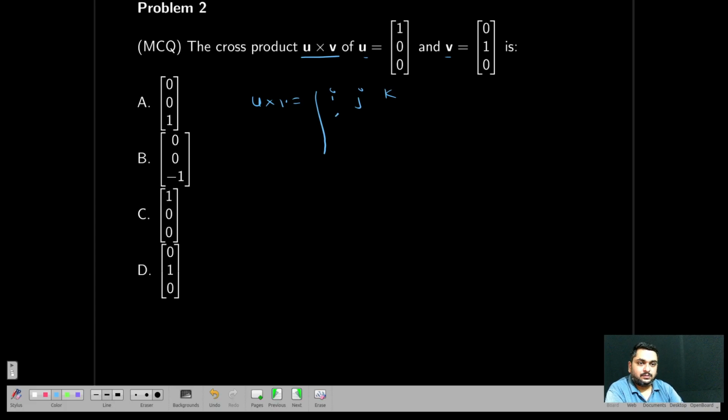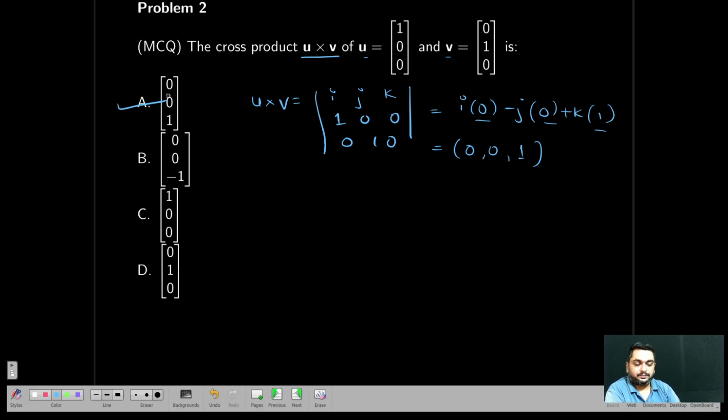So this is 1 0 0, 0 1 0. Find the determinant of this: i into 0 minus j into 0 plus k into 1. This is nothing but the coefficients of this i, j, k. This is 0, 0, 1. So k is the answer.